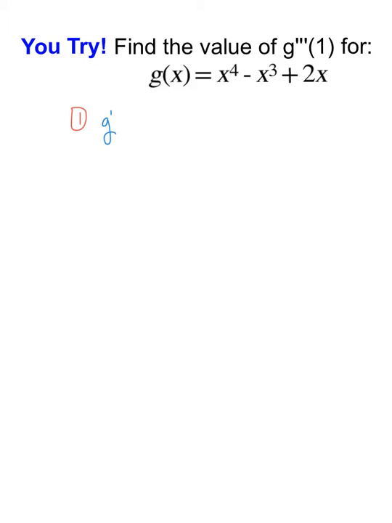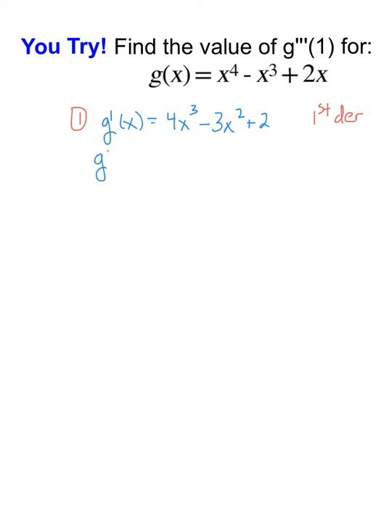So g prime of x is equal to 4x to the third minus 3x squared plus 2. So this is my first derivative.